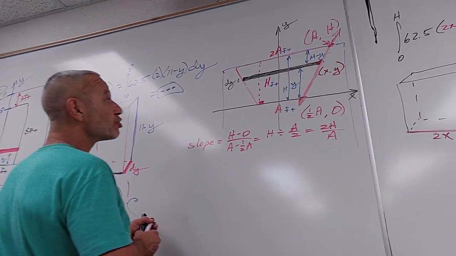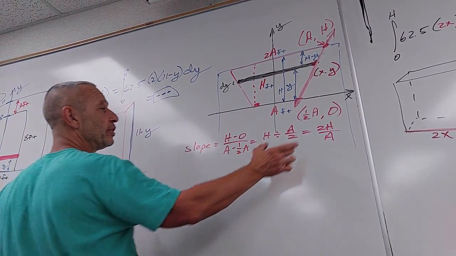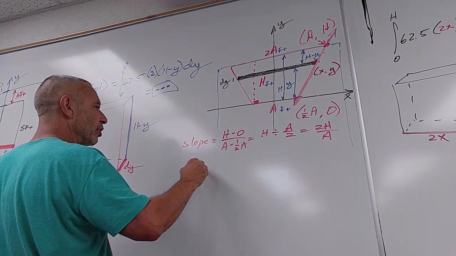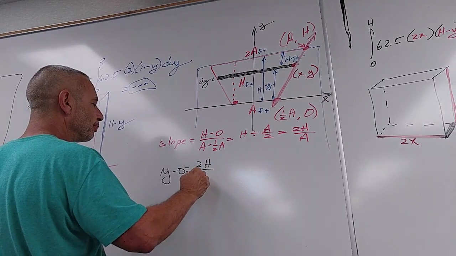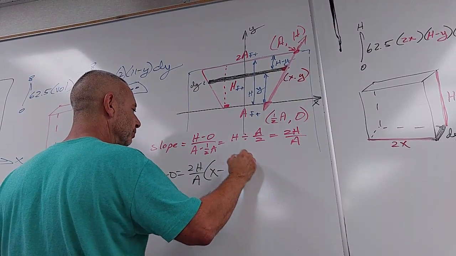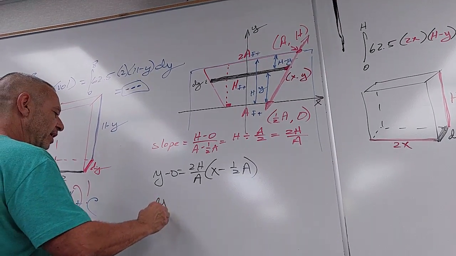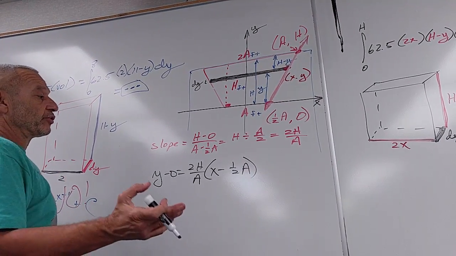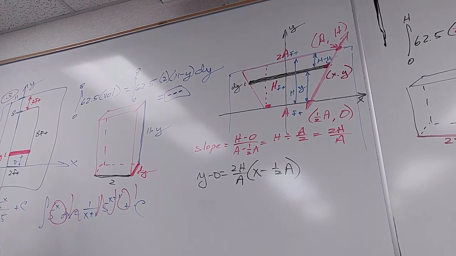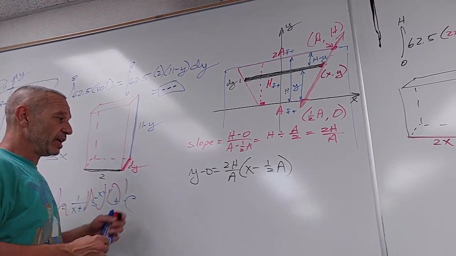The equation of the line now, it's probably easiest to use this point. It's got a 0 in it, so y minus 0 equals the slope times x minus the x coordinate. So if I multiply that out, actually I'm trying to solve for x, aren't I? So I might as well multiply by a over 2h.